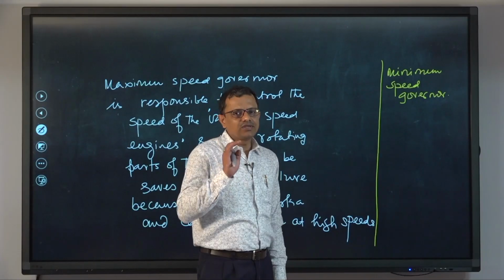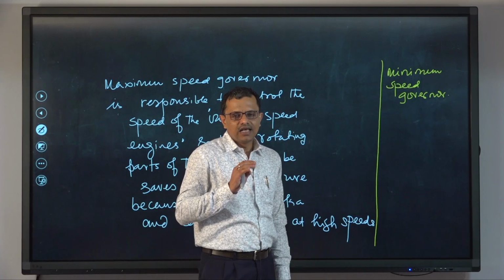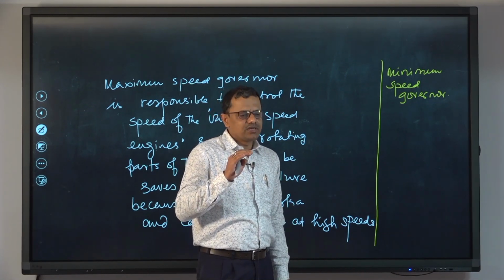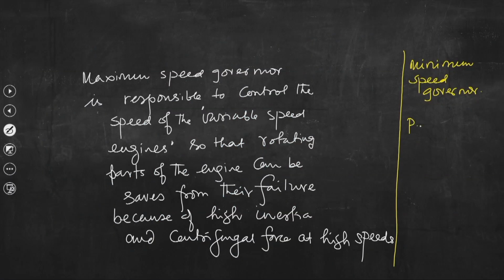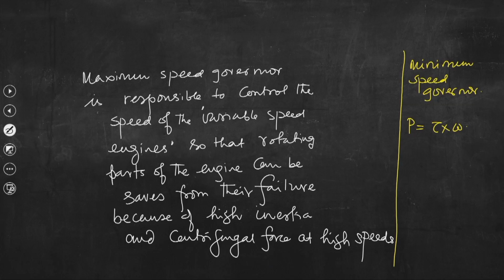because if we try to recall the torque versus speed curve of the diesel engine, you will see that torque is essentially what I can understand. Output is essentially torque into omega. So, in the torque versus speed curve, basically this is load and this is speed.